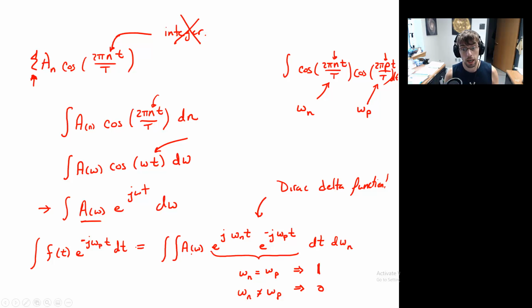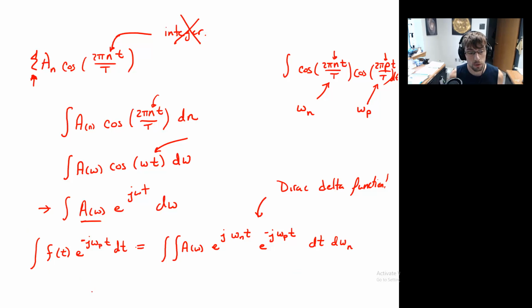But the end story is that you can still work everything out the exact same way. Okay? So you'll get something that says your amplitude at a particular angular frequency will be given by the integral of your function, f of t, e to the negative j omega p t dt.